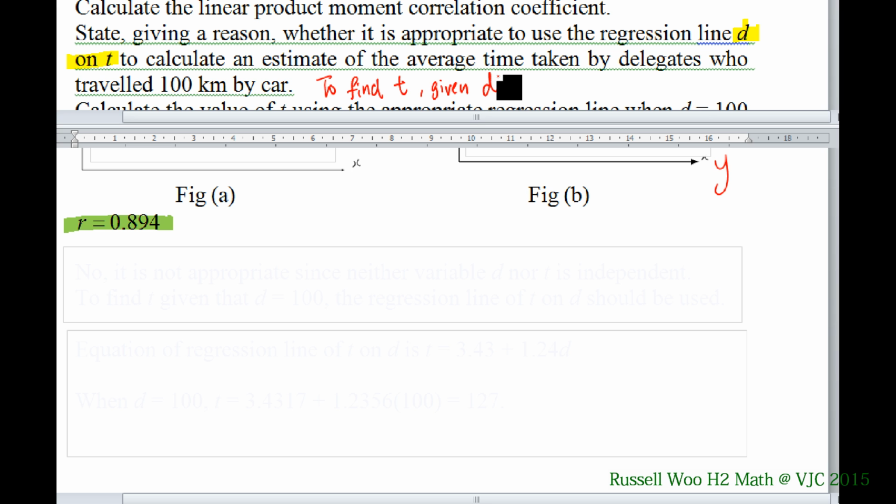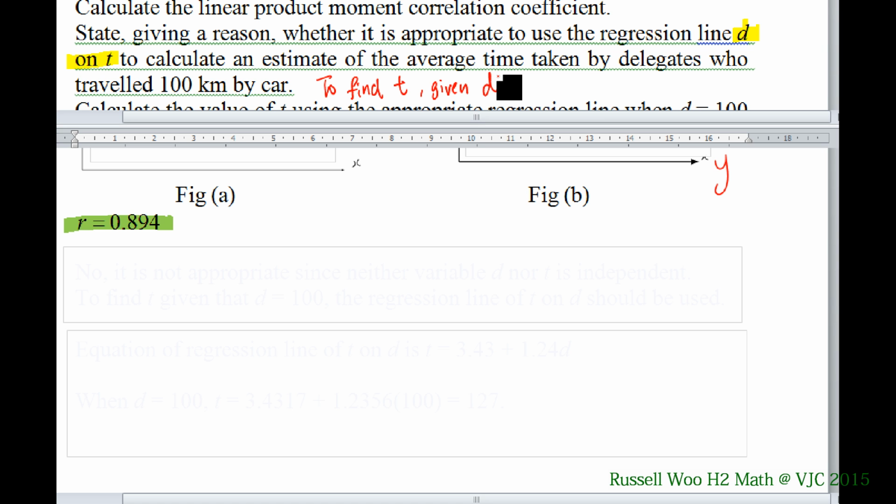Your flow chart on page 9 tells you which regression line to use. Of course, they were using X and Y. Now D and T. Same thing. Have attention, please. Look up. The question asks us whether we should use this D on T regression line to do this.